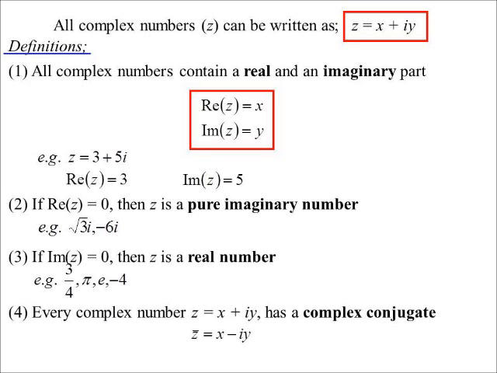And every complex number has a conjugate, because if you think about it, we're dealing with a surd here, because we said i squared was equal to negative 1. So in other words, i we can think of as the square root of negative 1. So what we really have there is a surd, x plus some multiple of the square root of negative 1. And just like surds have conjugates, complex numbers do, because they are surds.